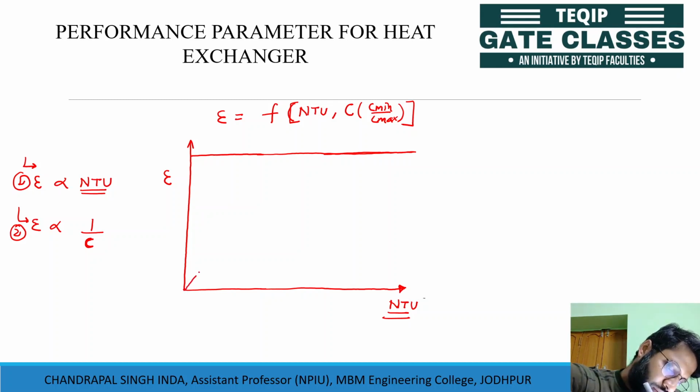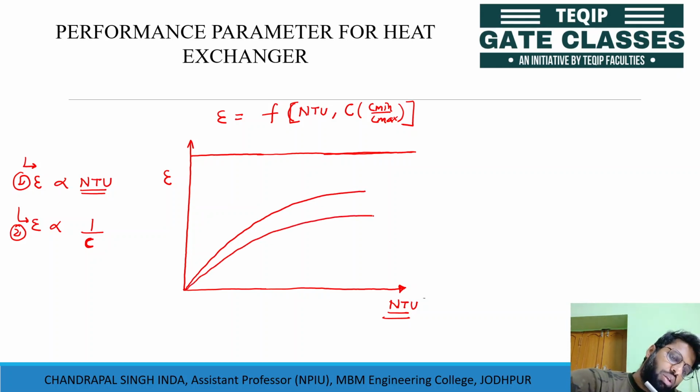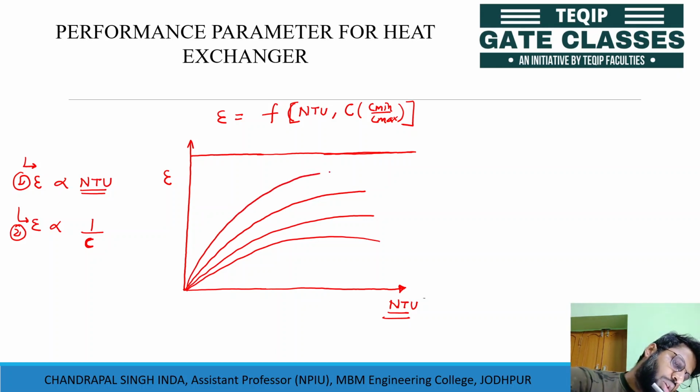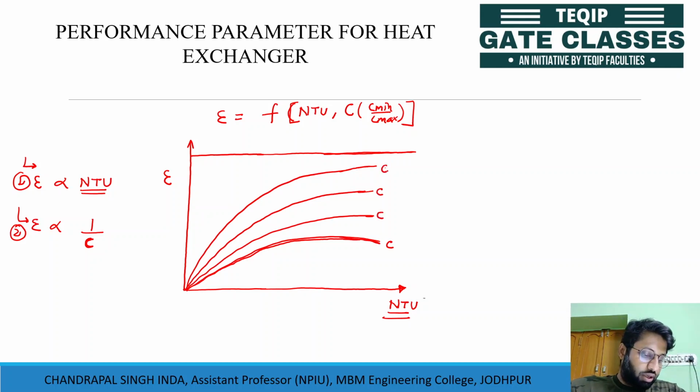So for the different values of heat capacity ratio C, we have these curves, and we know that as the value of C decreases, the effectiveness increases.